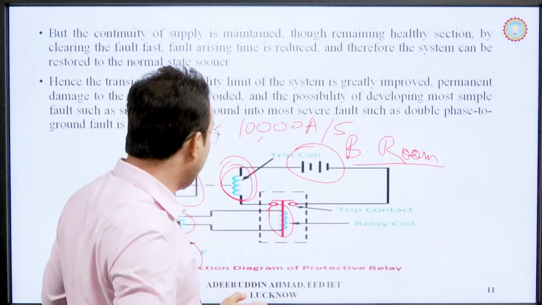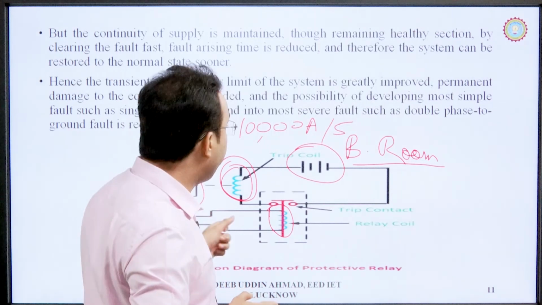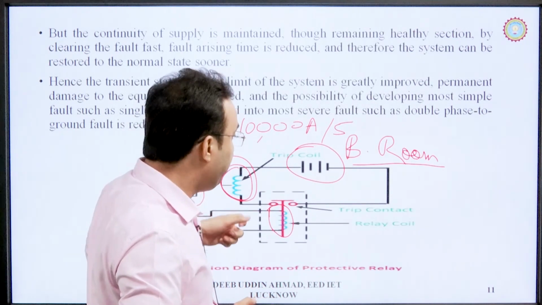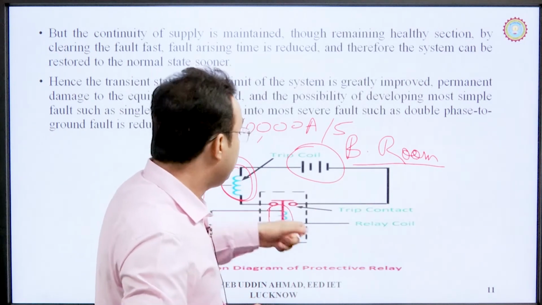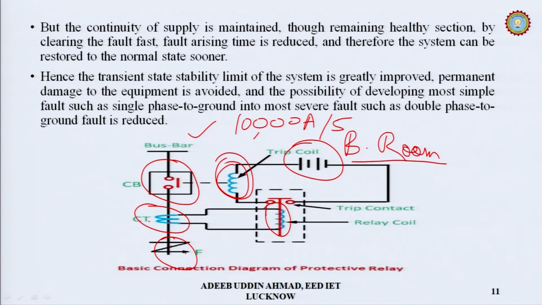So, this is a common phenomenon that when faults occur, the 5 ampere current will flow through the CT secondary, and because of the 5 ampere current of the CT secondary, this electromechanical switch will operate. After the operation of this electromechanical switch, the whole circuit is closed.